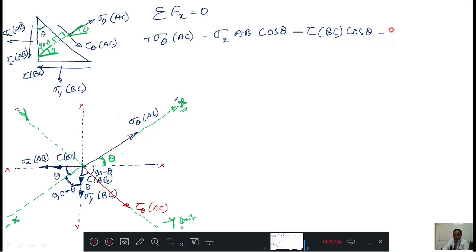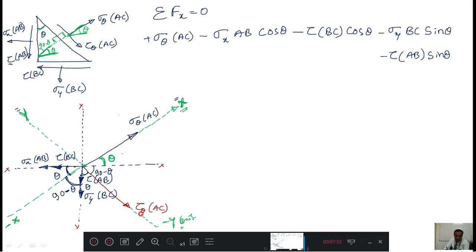Like that, minus this force sigma y BC, bring it to this side, cos 90 minus theta means sin theta, so sigma y BC sin theta, minus tau AB cos 90 minus theta, which is sin theta.